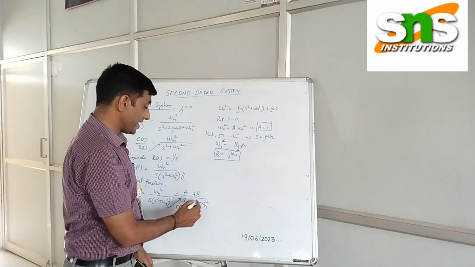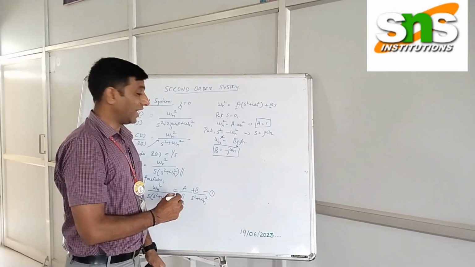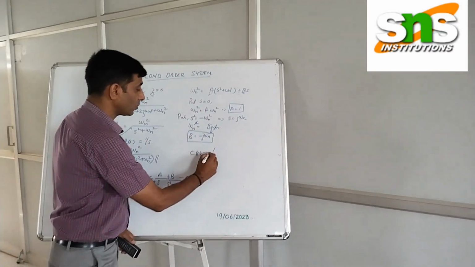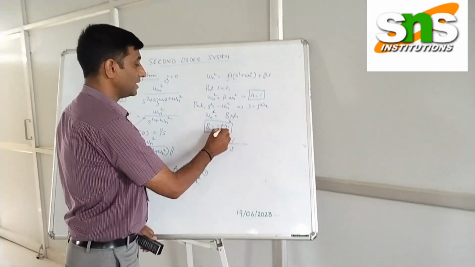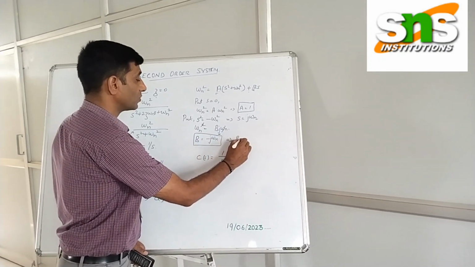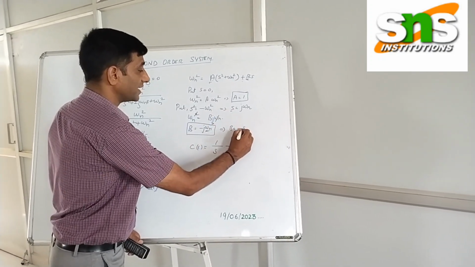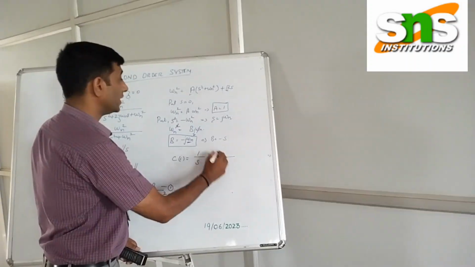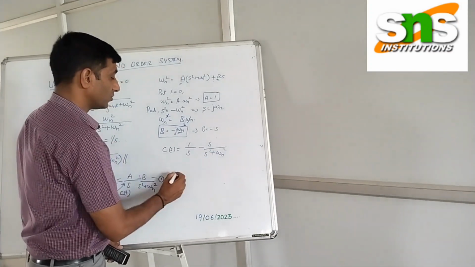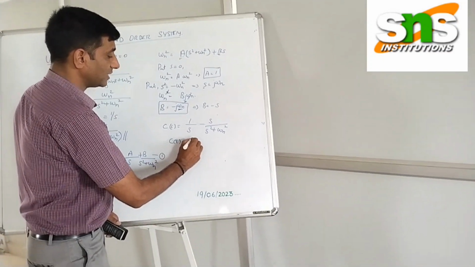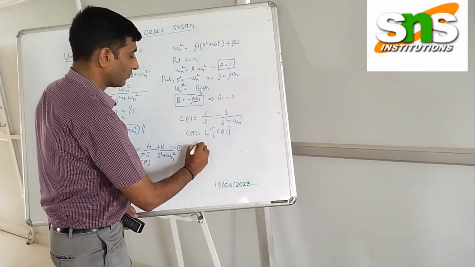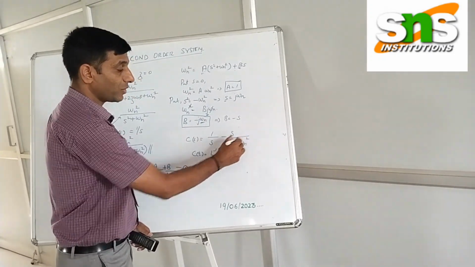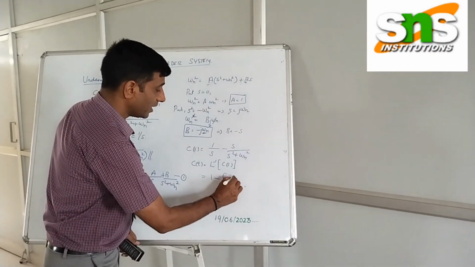Now substituting the values of a and b into equation number 1, we get C of s is equal to a divided by s, where a is 1, so 1 divided by s, minus s divided by s squared plus omega n squared, since b times j omega n gives minus s. C of t is the Laplace inverse of C of s. Taking the Laplace inverse, 1 by s gives 1, and minus s divided by s squared plus omega n squared gives minus cos omega n t.